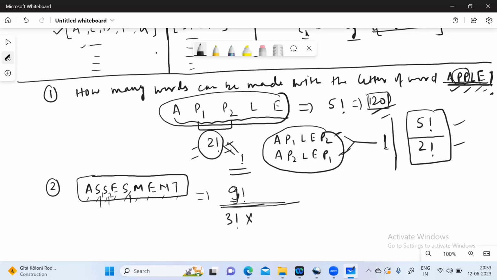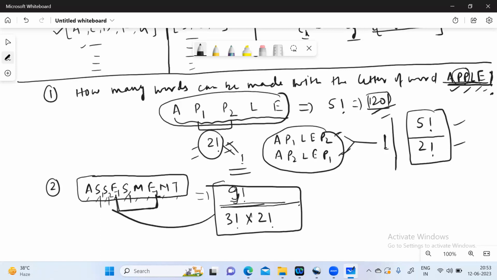Then again, there are 2 E. We can consider them E1 and E2. And all the arrangements between E1 and E2 will lead to just one word. So again, we will divide by 2 factorial. So this is the number of words that we can get by permuting the letters of this word. Now, is it clear to everyone?